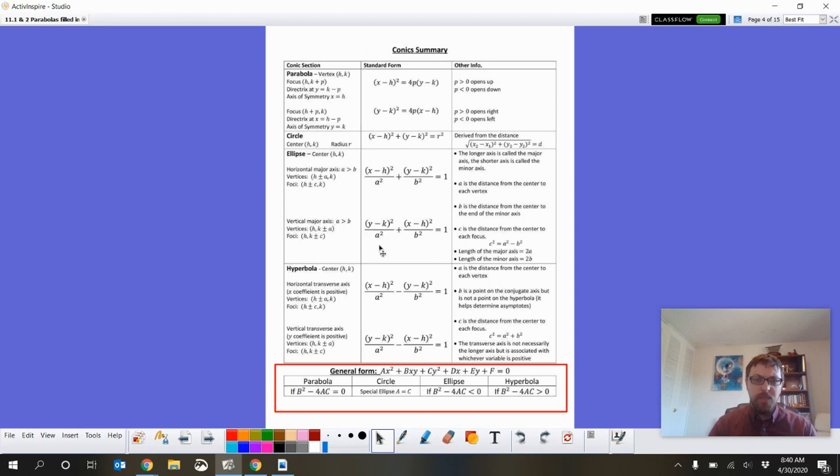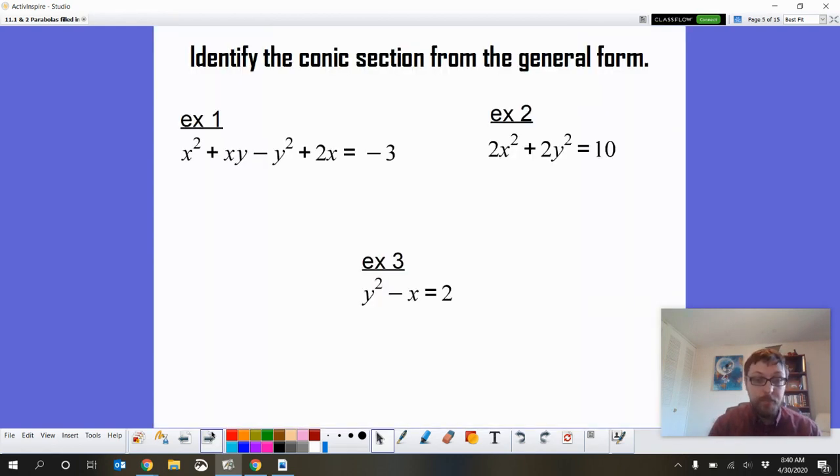This one is a little bit easier to spot, but this one you really can't tell just by looking at it. You have to do some calculations. And you use that discriminant from inside the quadratic formula, b squared minus 4ac. That's the thing under the square root when you do the quadratic formula. You check those values, and the number it produces will tell you which conic section you're going to get. So let's try it out.